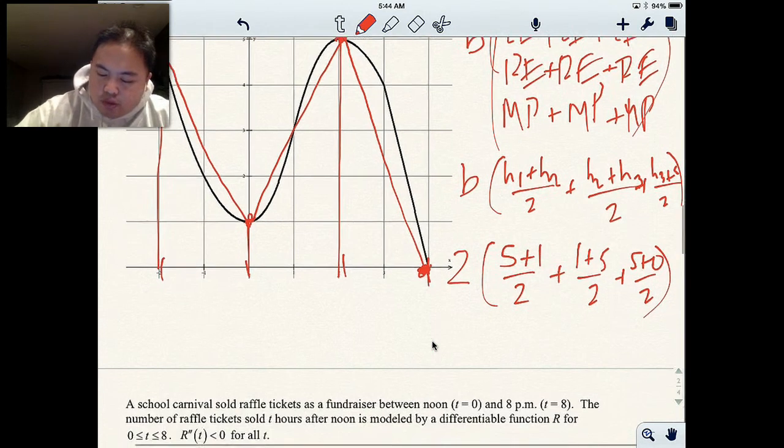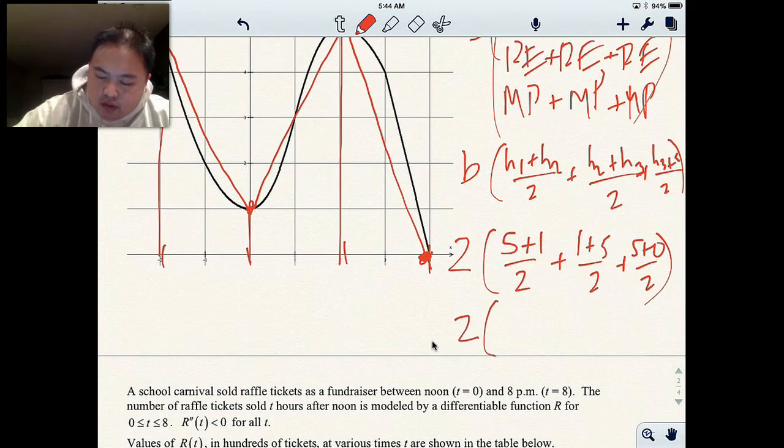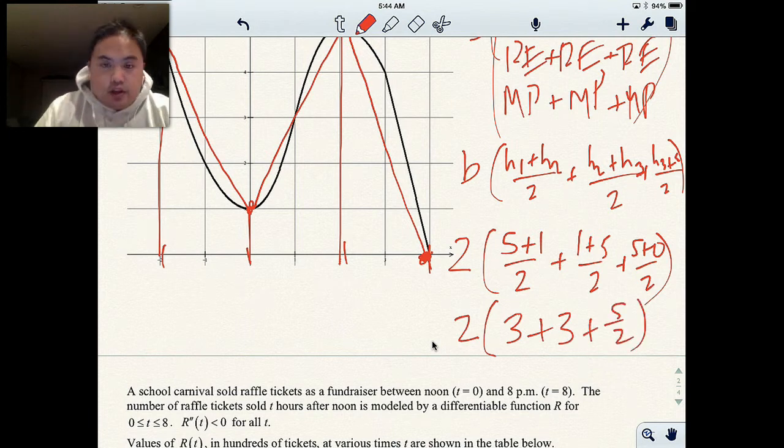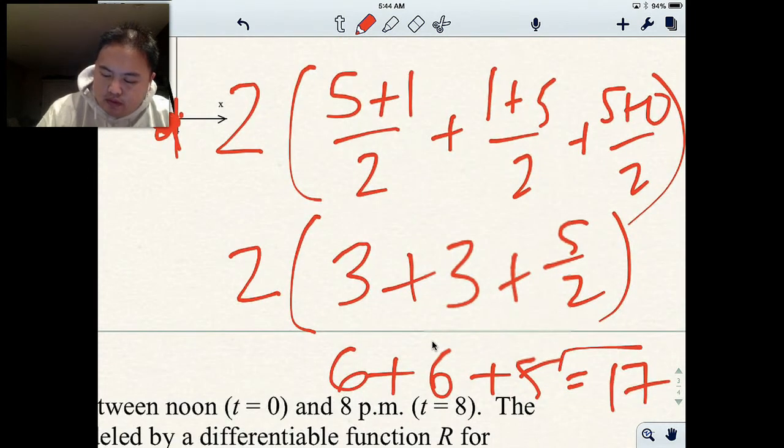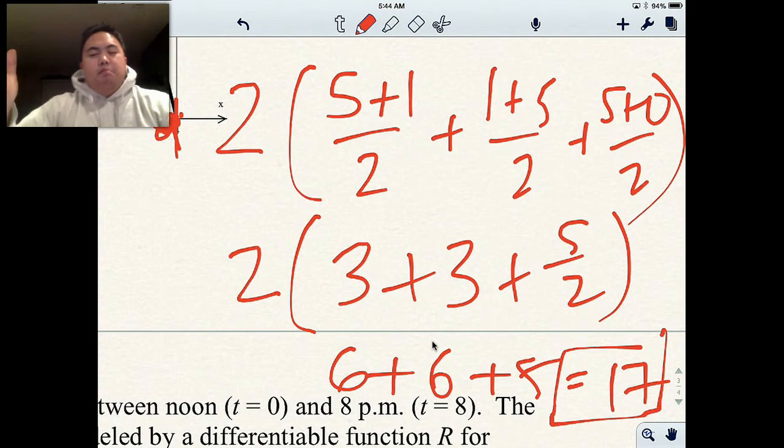So by trapezoid rule, I have 2 times 3 plus 3 plus 5 over 2. If I distribute this, I have 6 plus 6 plus 5. I have an estimate area of the curve of 17. So even better estimate of my formula.